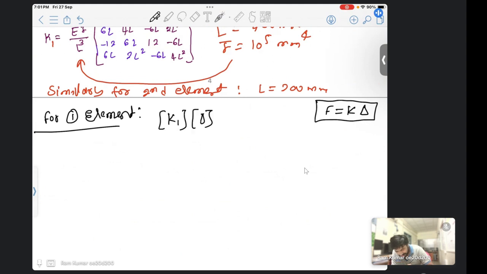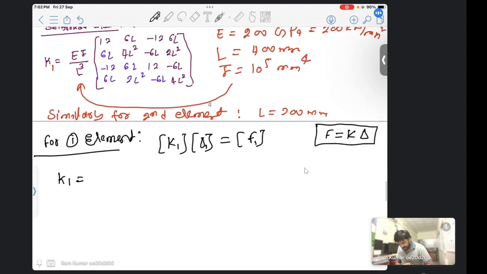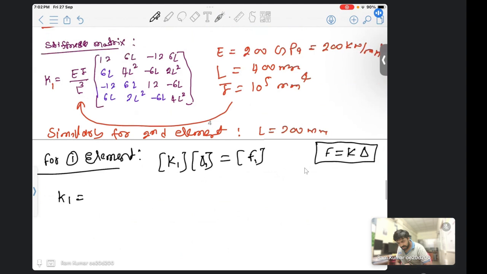I'm just writing the matrix and force. So I will write delta 1, F1. What will be K1? K1 will be after putting values. Just put these values in this equation and tell me K1. I'm going to write, you can also calculate with me. Just verify.